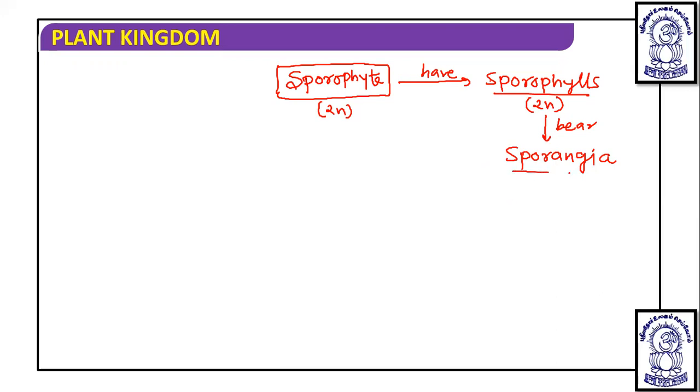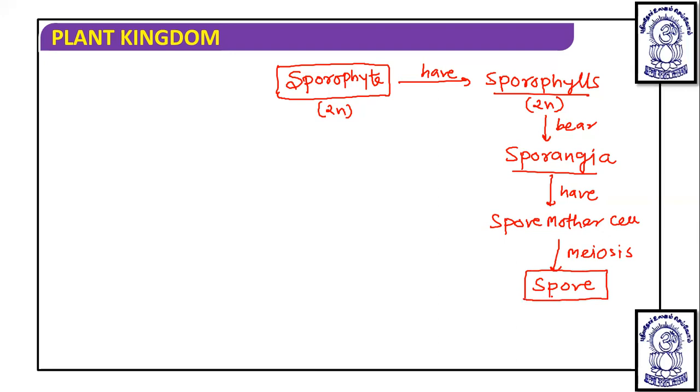Each sporangium has spore mother cells, and the spore mother cells undergo meiosis to produce spores.